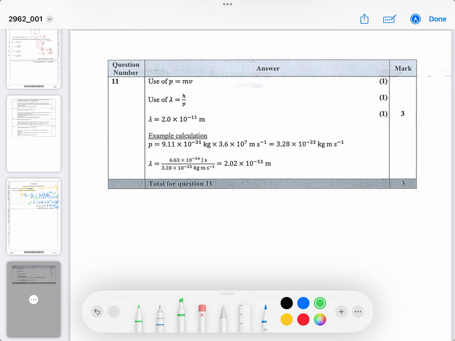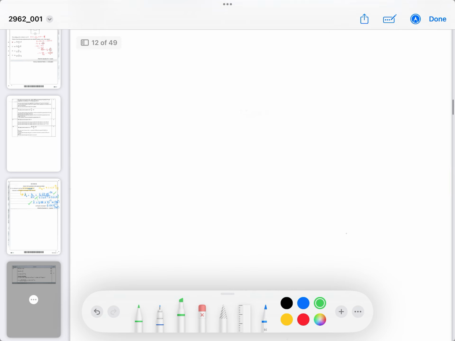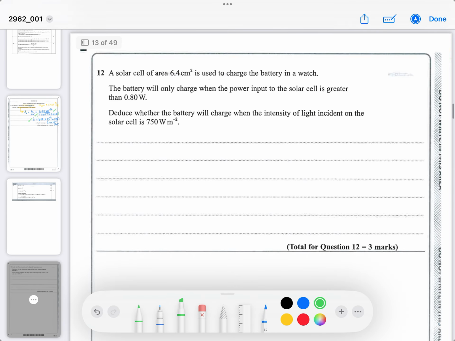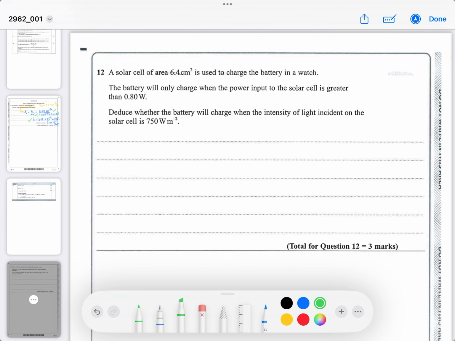Next question, question 12, is about solar cells. Okay, so solar cell, they've given you the area in centimeters squared. So you've got to change the area into meters squared before, so don't get tricked by that.